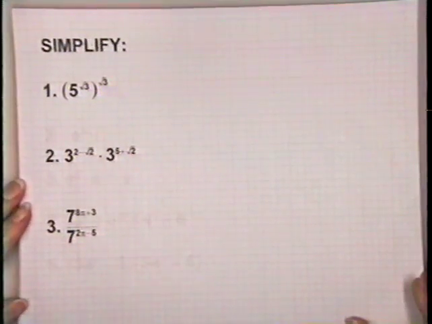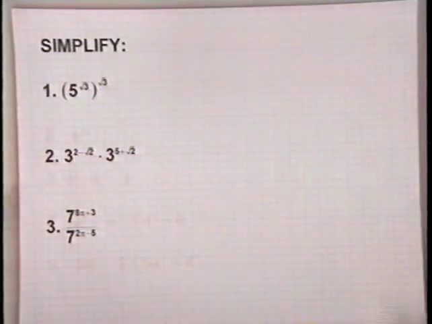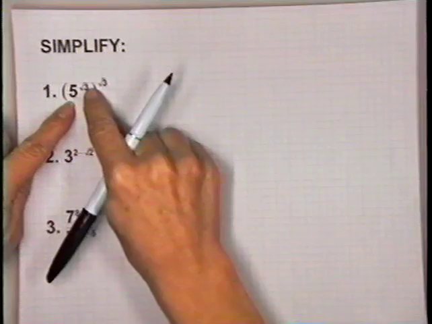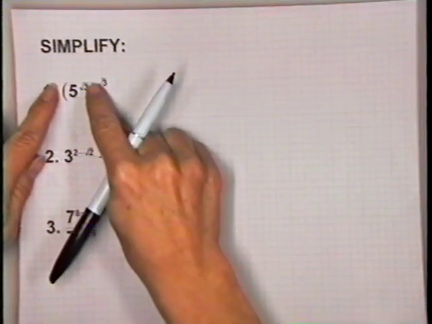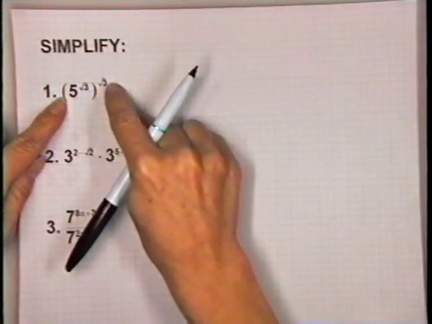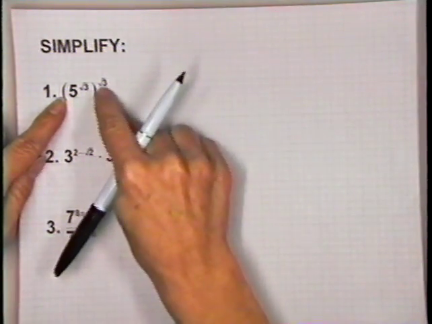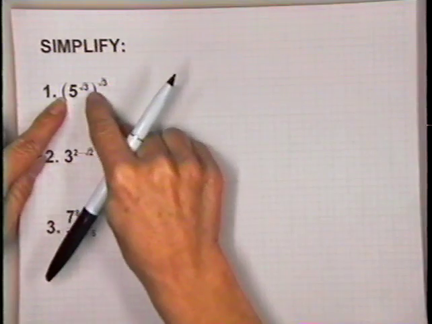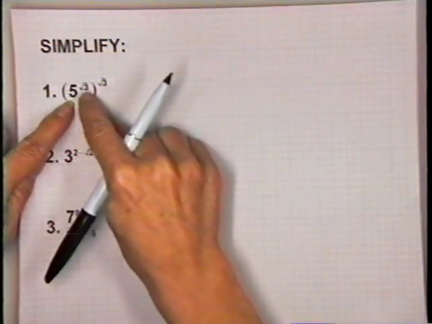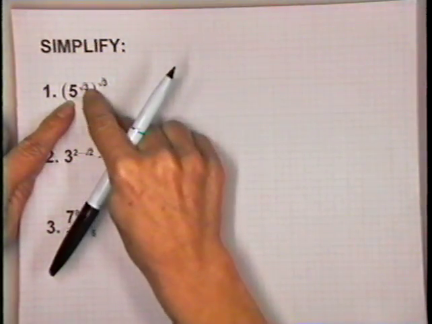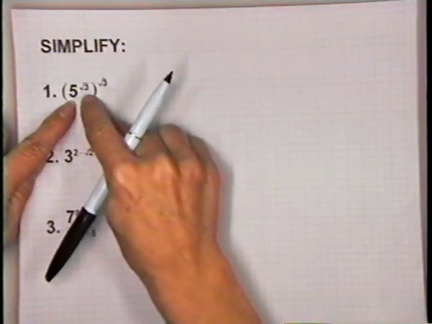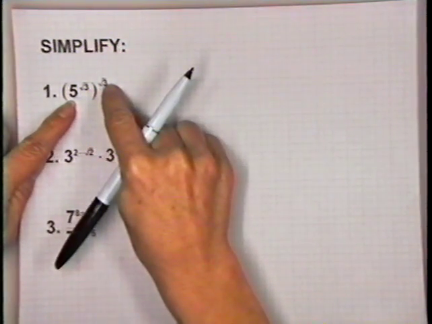Notice this first problem. We are to simplify. I have 5 to the square root of 3 power. Notice that quantity is raised to another power, which also happens to be the square root of 3. Don't concern yourself with how complicated this looks. This is simply a base number with an exponent and then another exponent, so we call this a power to a power.